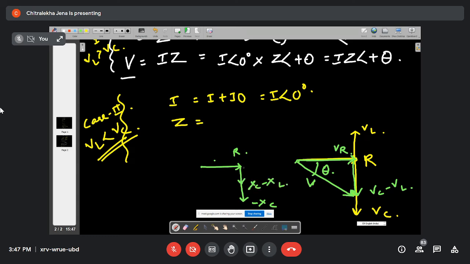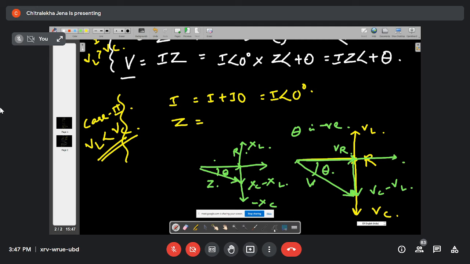I am taking only the magnitude, don't worry. This one is XL. This vector will be Z, and this one will be theta. Here theta I am taking as negative, because this is my reference axis.